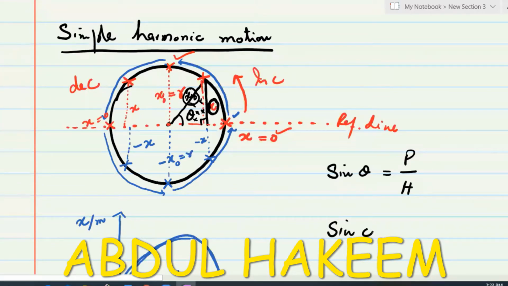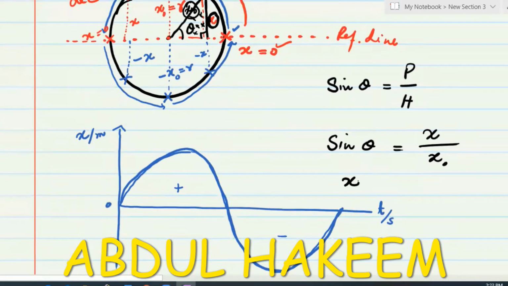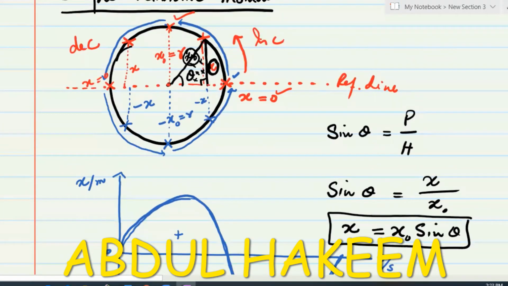So sine theta, perpendicular is x and hypotenuse is x naught. So we can write x is equal to x naught sine theta. So probably this is the equation for this graph because we have to find a sine equation.